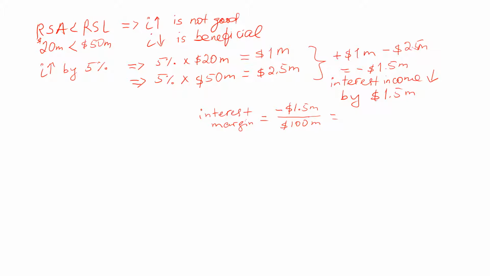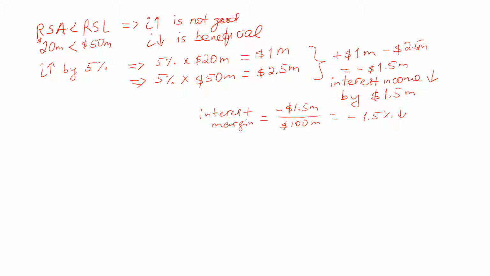So this is a negative 1.5% decrease. Now we can conclude that as a result of an increase of interest rates by 5%, interest income goes down by $1.5 million and interest margin goes down by 1.5%.